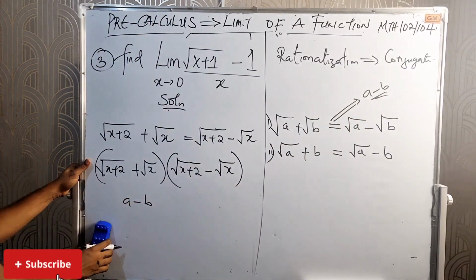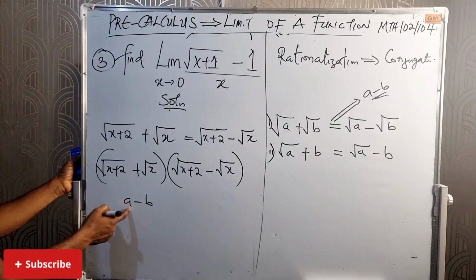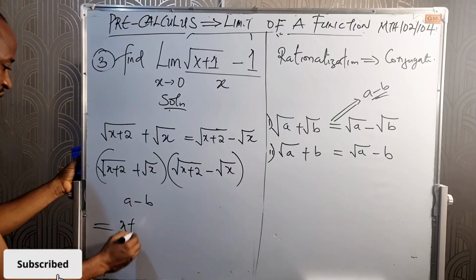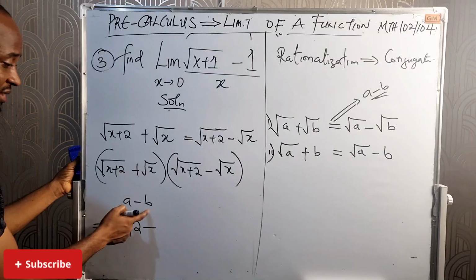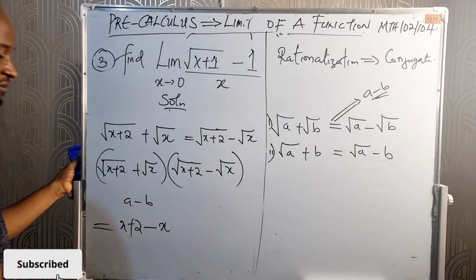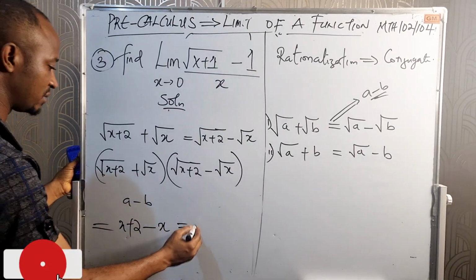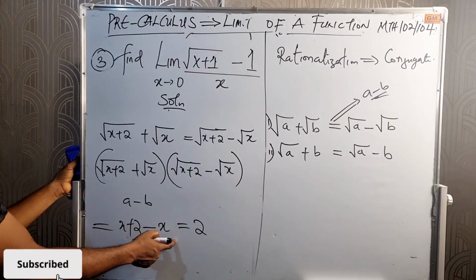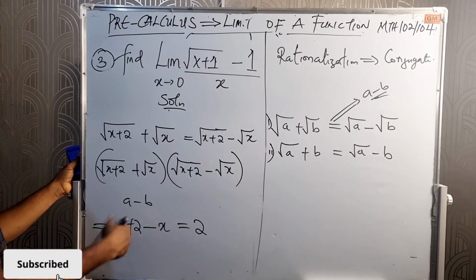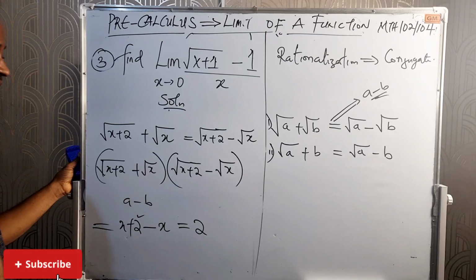A minus B is the rule. So that means my answer becomes, what's our A here? x plus 2, minus, what's our B rather? Our B is what? x. So the answer becomes x plus 2 minus x. x minus x is what? 0. We are left with 2. So the answer is 2.